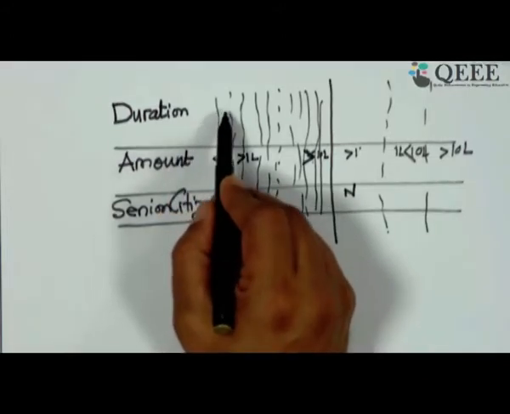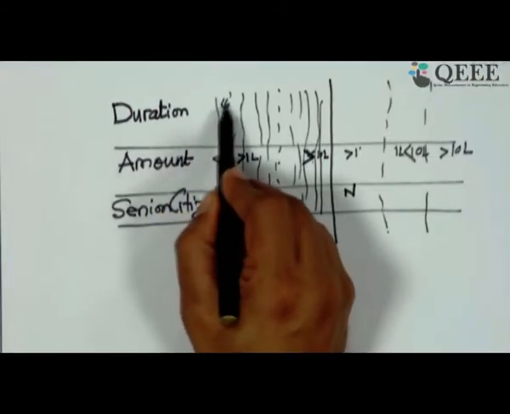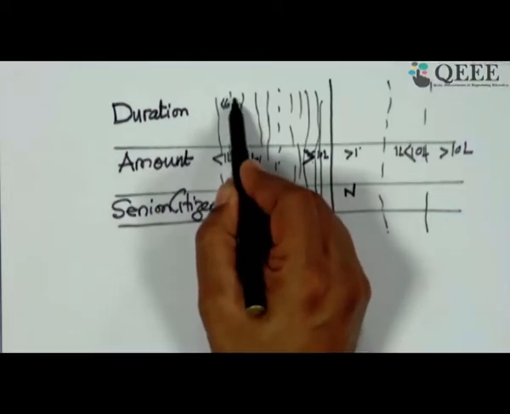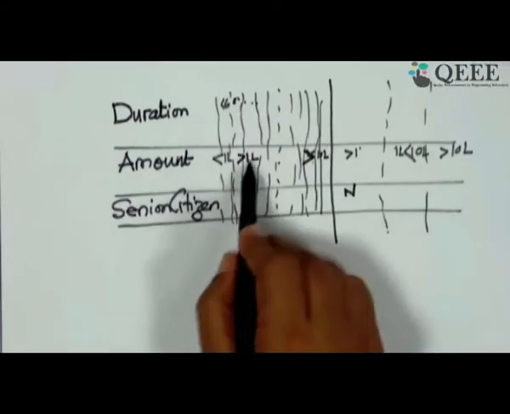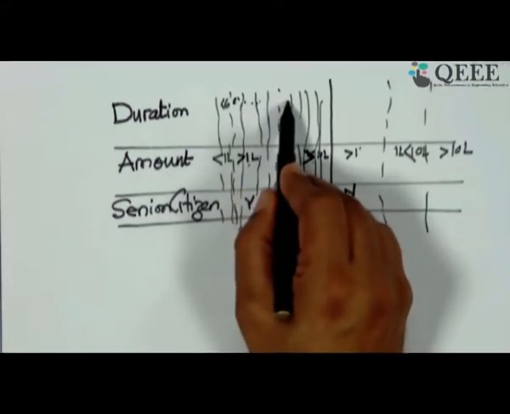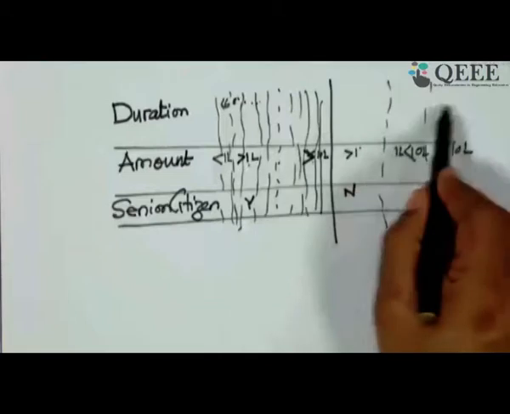So duration less than 6 months, between 6 months and 1 year, between 1 year and 2 years, etc. And for each of these we write down all combinations of the durations.